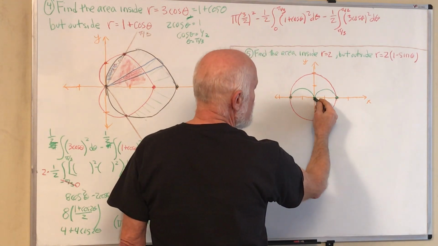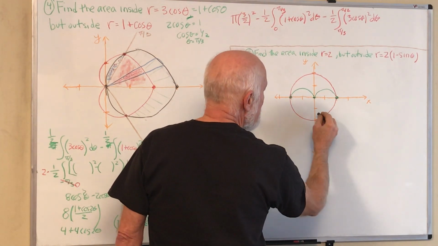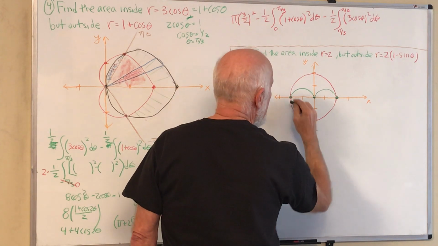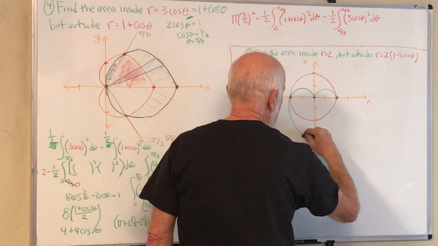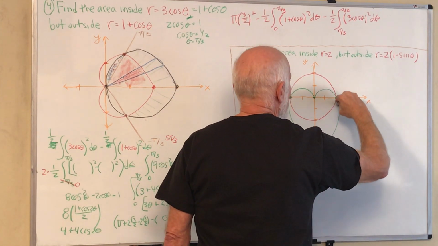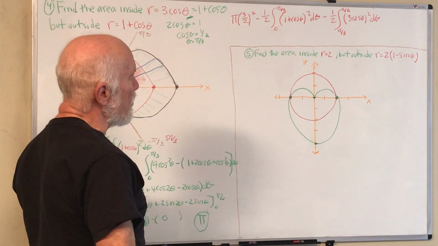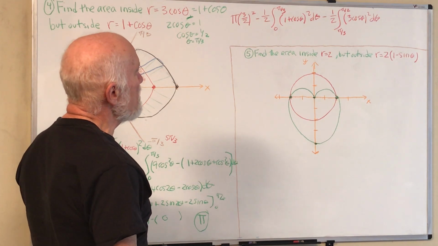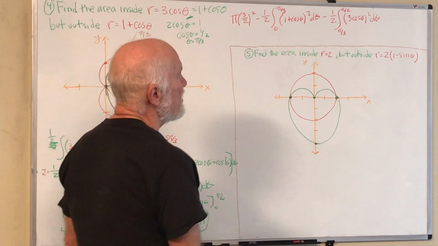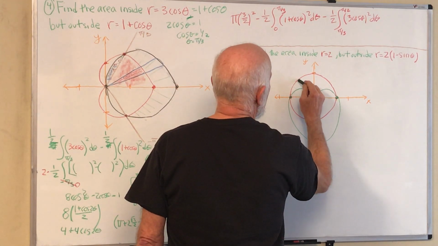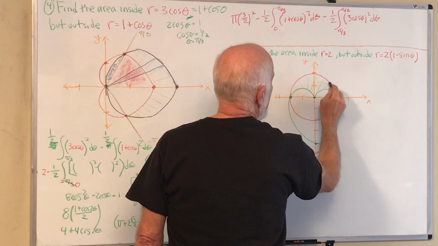So 3 pi over 2 goes down this direction, but we go down 4. So we actually get another cardioid, just in a different orientation this time. And we want the area inside the circle and outside the cardioid. So it's this area up here.